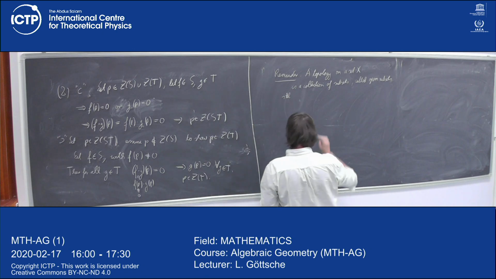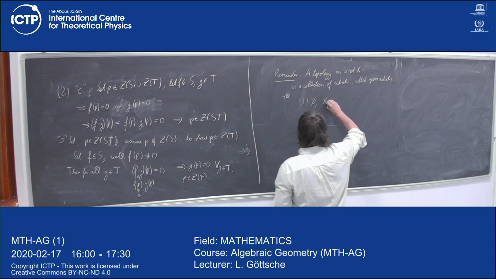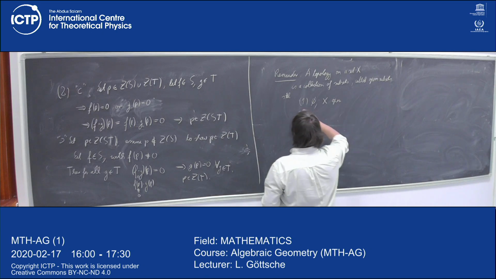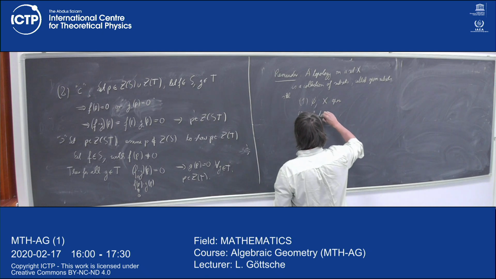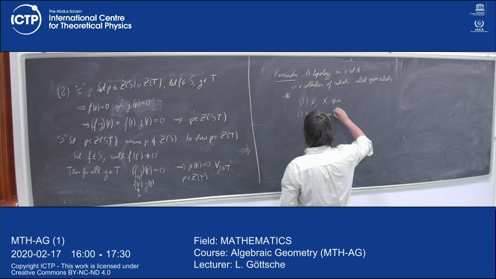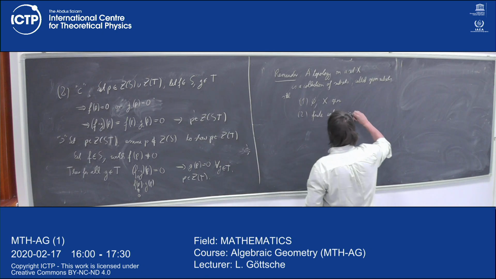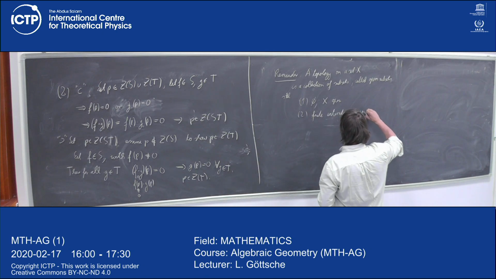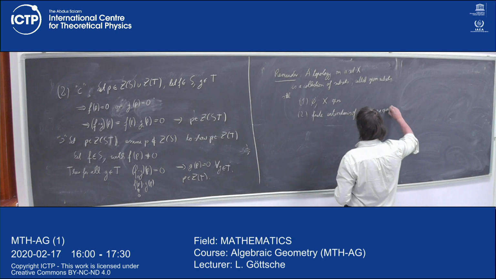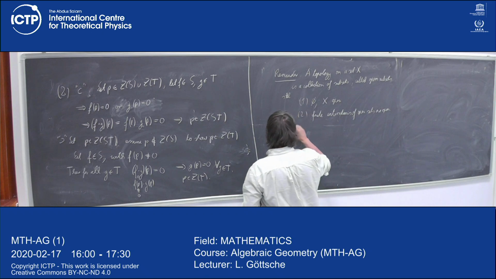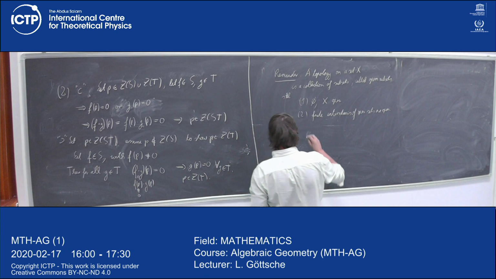Certainly you should remember it. So first, the empty set and the whole of X are open. Second, finite intersections of open sets are open. And third, arbitrary unions of open sets are open.